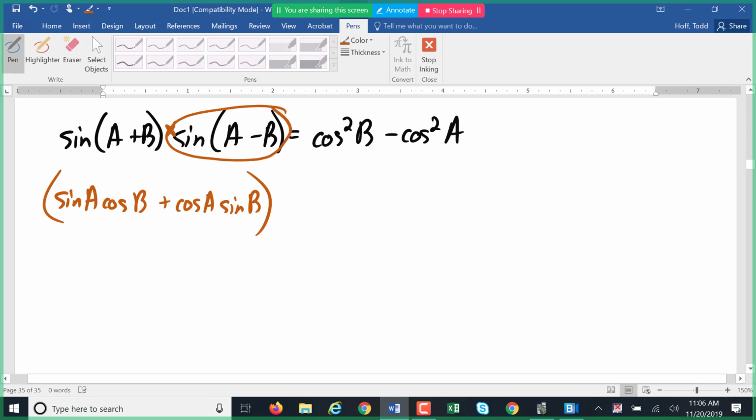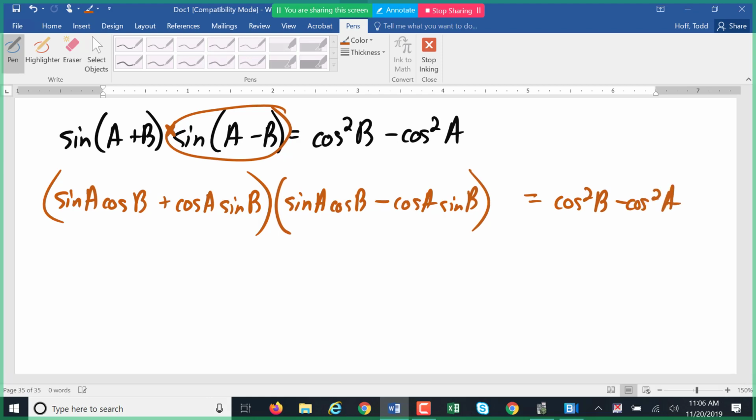So then the definition for sine a minus b, that's sine of a cosine b minus cosine a sine b. And of course, we're still looking to see if that is equal to cosine squared of b minus cosine squared of a.